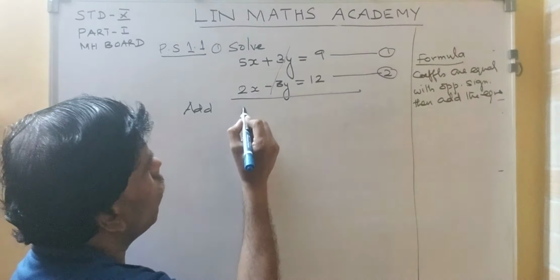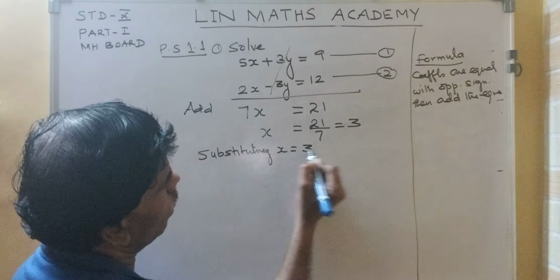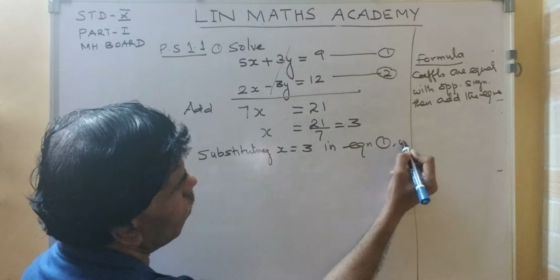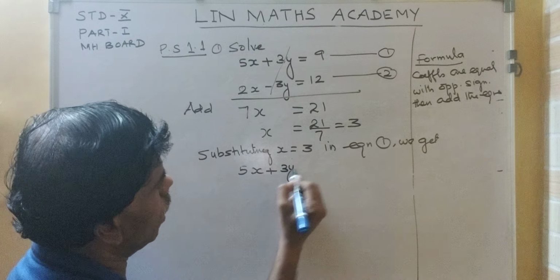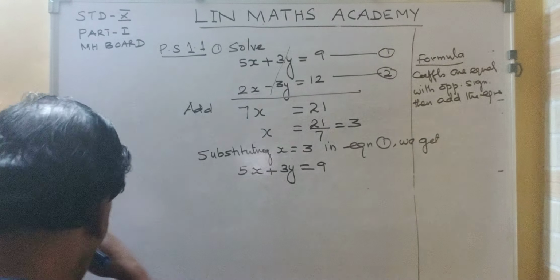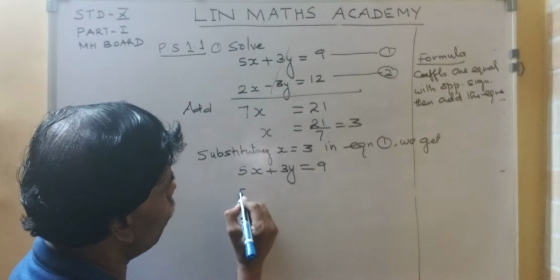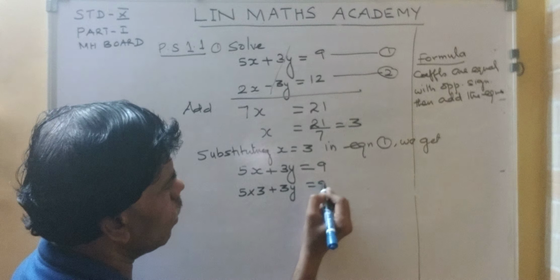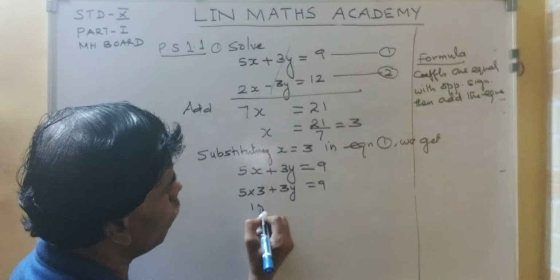Now substituting x equal to 3 in equation 1, we get, what is the first equation? 5x plus 3y equal to 9. So 5 into 3 plus 3y equal to 9. So 15 plus 3y is equal to 9.